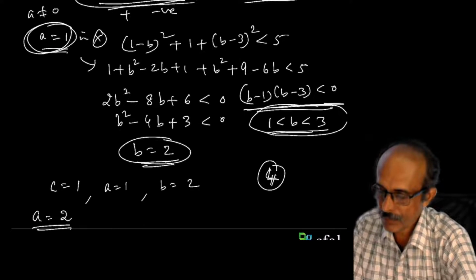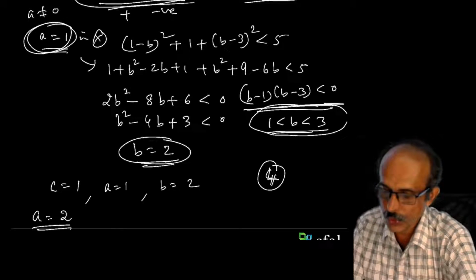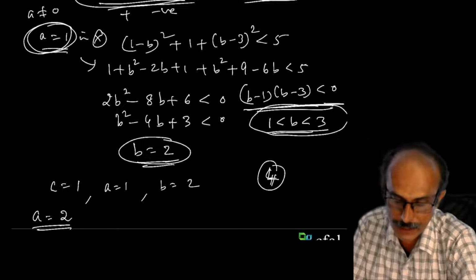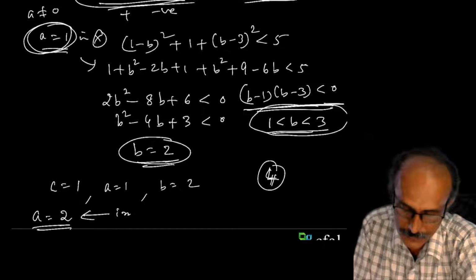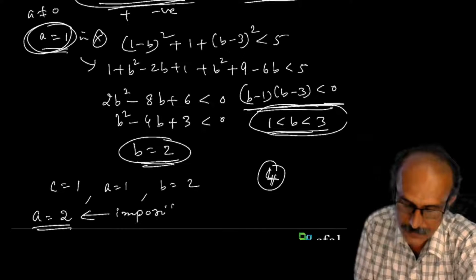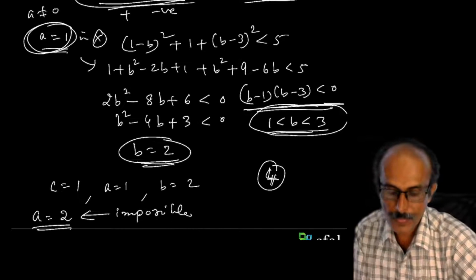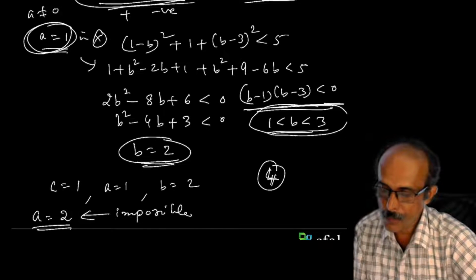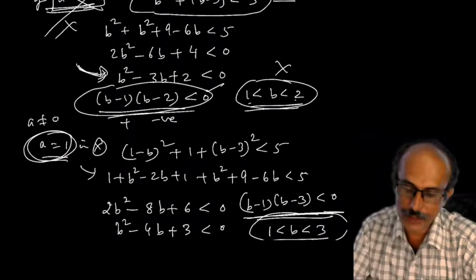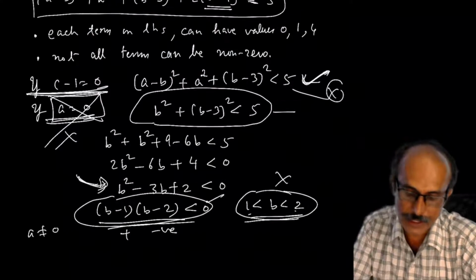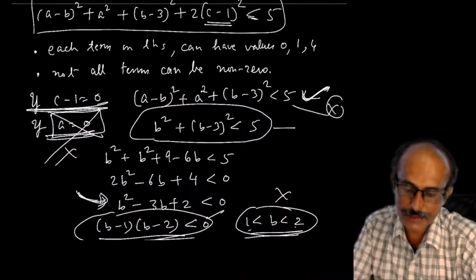So that is a case which is impossible. Now we can look at c minus 1 square. We have taken c minus 1 equal to 0, and we got this conclusion.